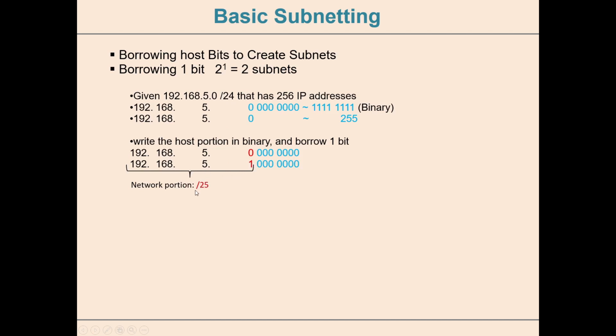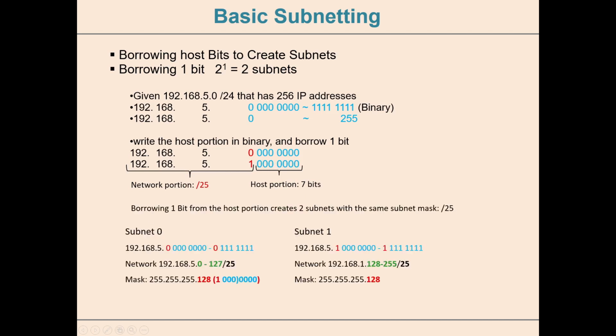That gives us a subnet mask of /25 for these newly created subnetworks, and only 7 bits left for the host portion. After borrowing 1 bit, we create 2 subnets with the same subnet mask /25.